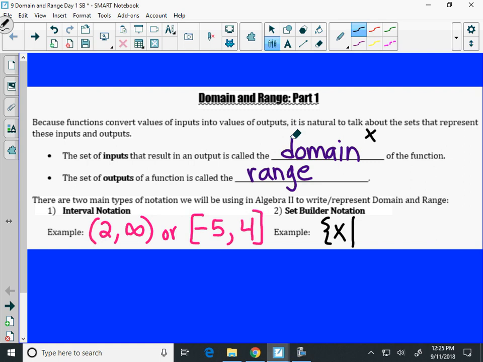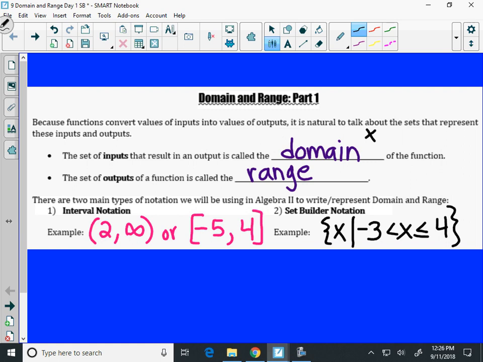Alright, you would write this x, that means x's in the set such that, then normally there's an inequality after, so it'd be something like -3 is less than x is less than or equal to 4. Something like that would be set builder notation. I know it looks funky. Don't worry.